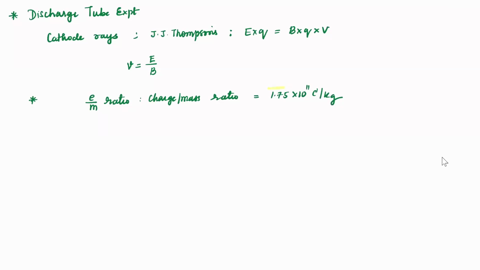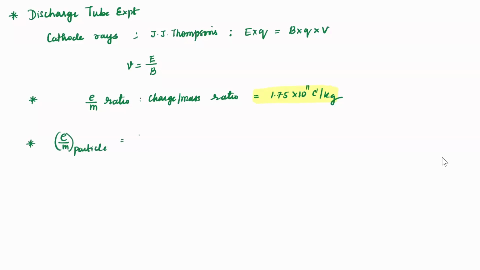So this is the first value you would remember, which is essential for JEE syllabus. What is the E by M ratio of cathode rays? Got it? Next. You would be typically asked what is the E by M ratio of various subatomic particles.